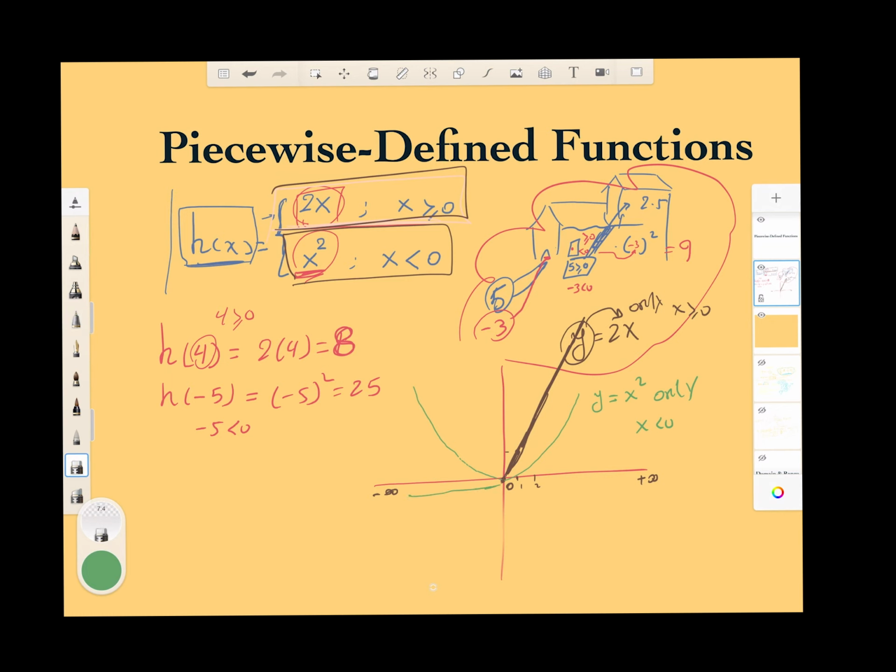That means we need to erase the other parts. So this will be the graph. I think it's enough for this video.